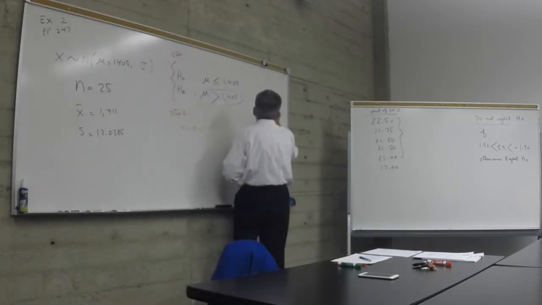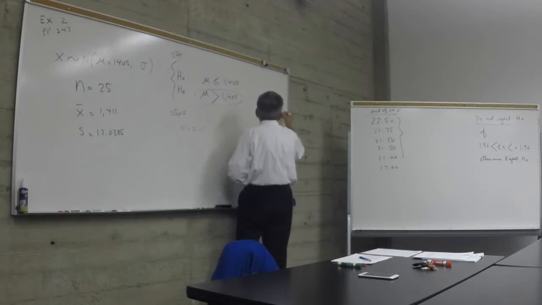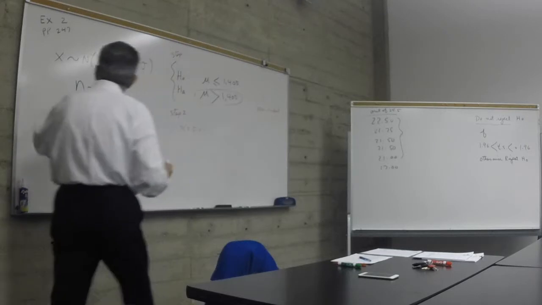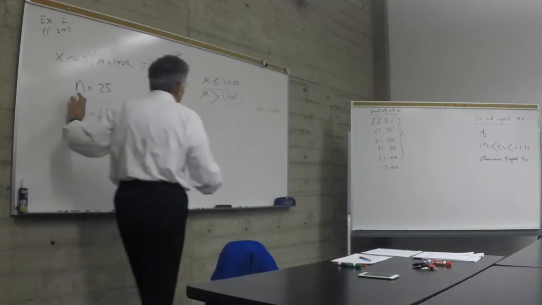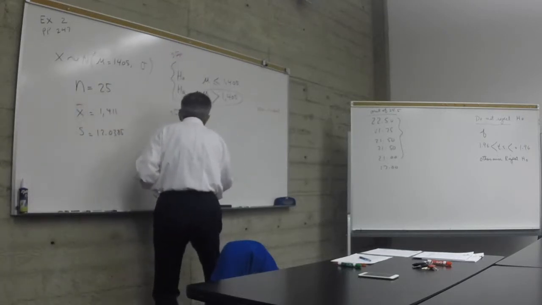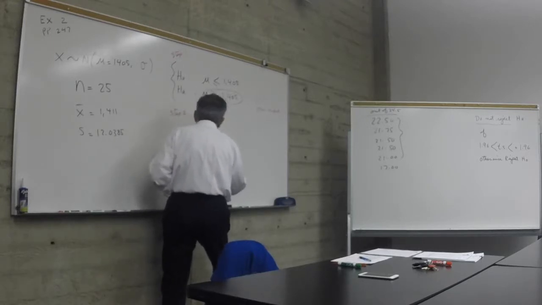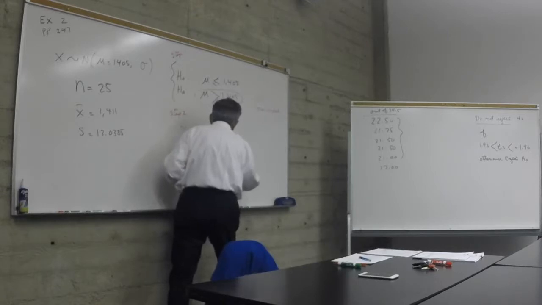Therefore, one-sided. Then we go to the t-table and look for, and by the way, what is the degrees of freedom in the t-table? 24. Why 24? N minus 1. 25 minus 1 is 24.